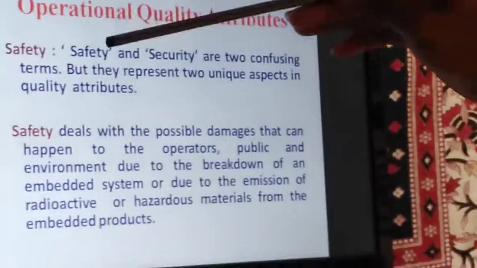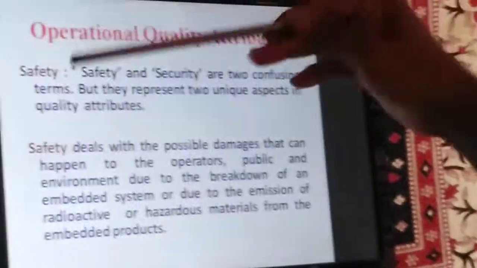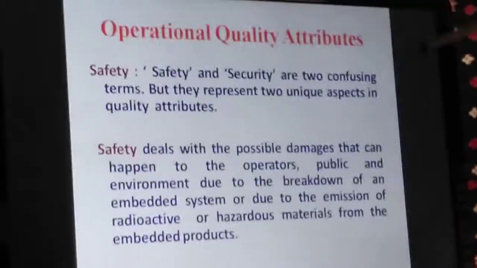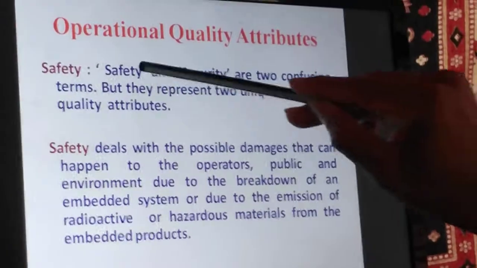So another attribute is safety. Safety and security are two confusing terms, but they represent two unique aspects in the quality attributes. What is safety?